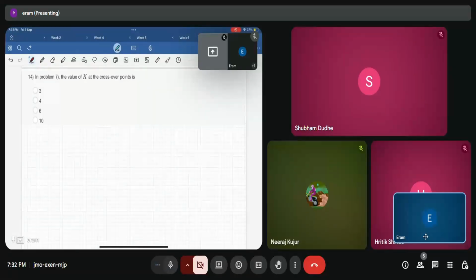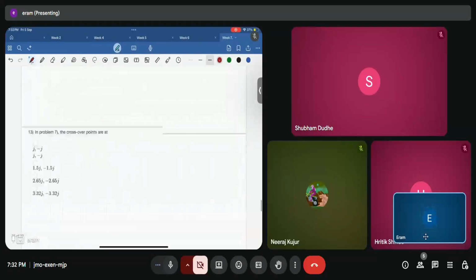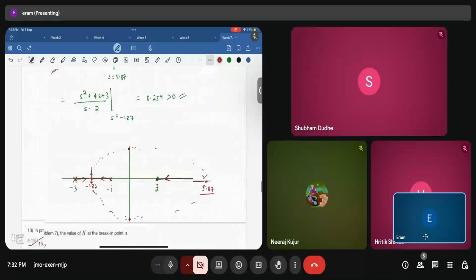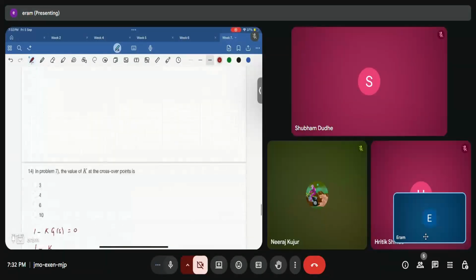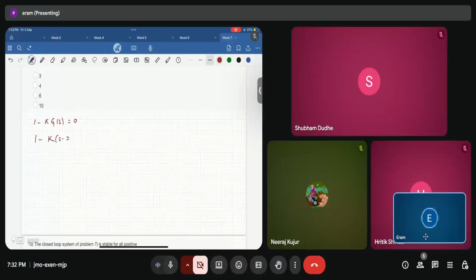Okay, so we need to solve 1 minus k into g(s) equals 0, because we have positive feedback, and g was (s minus 2) divided by (s plus 1)(s plus 3). We have to put s equals j omega.